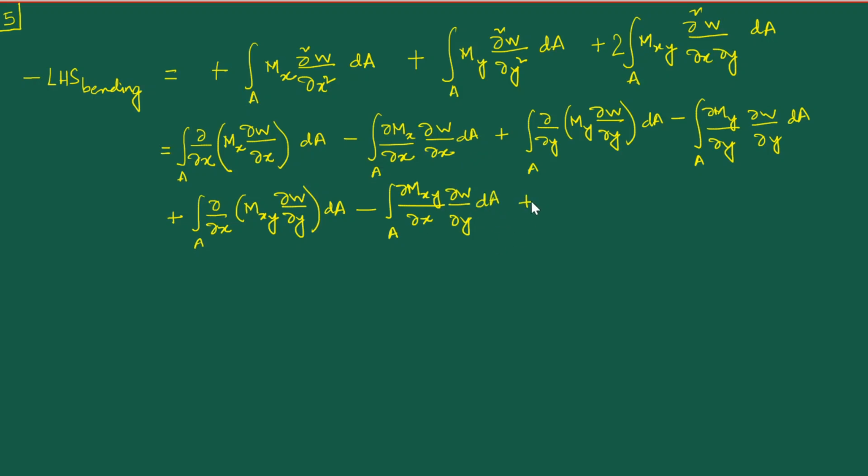Next, I go down the del del y route for the other term. So this time within the bracket, I will have del w del x. Correspondingly, I have to subtract out this term with the partial derivative with respect to y.